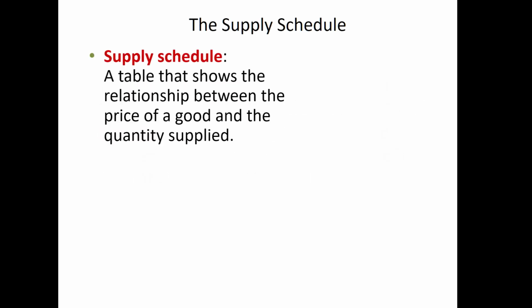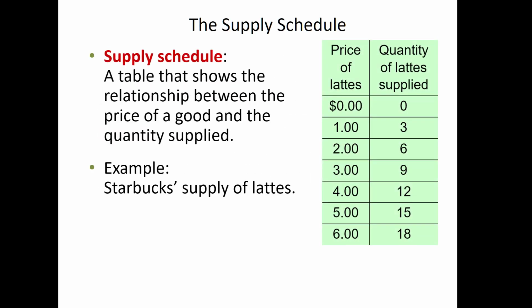Let's start with the supply schedule, which is the table that shows the relationship between the price of a good and the quantity supplied. And our example is Starbucks. That's the firm we're talking about, which is going to supply lattes. If, hypothetically, the price were 0, the quantity Starbucks would be willing to supply would be 0.